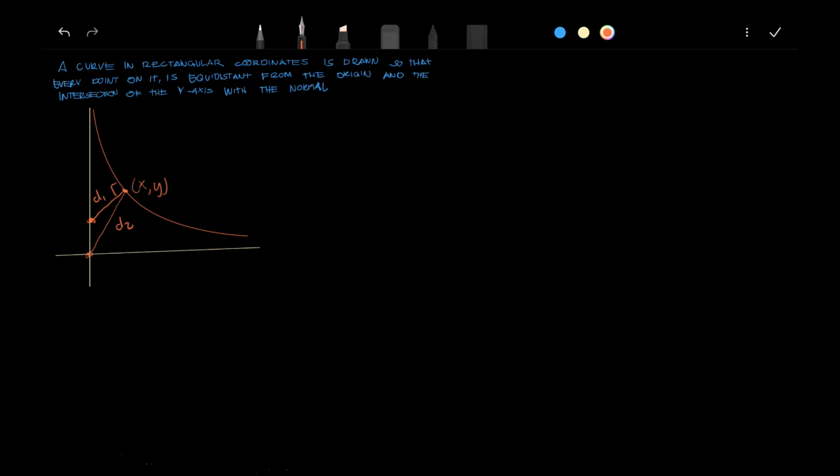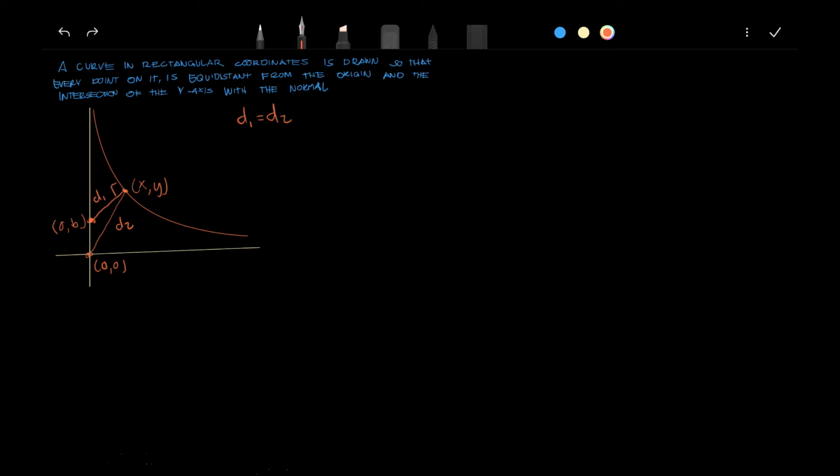Now, this point right here is located at 0 and b. This origin is 0, 0. So, we can say that d1 is equal to d2 because it is said that it is equidistant.